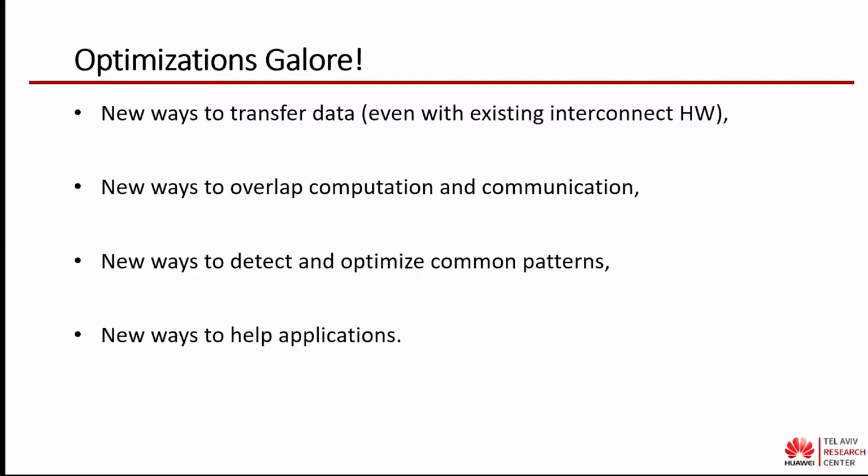We really want to see more detection in runtime of patterns that we think we can optimize. It probably is very much related to what was mentioned earlier. Let's say we see that some alignment is beneficial. How about we try to work towards that? I'm not sure that particular example is feasible, but those are directions we're looking into. And obviously, new ways to help applications is always good and vague, and I can say it without anybody criticizing me.